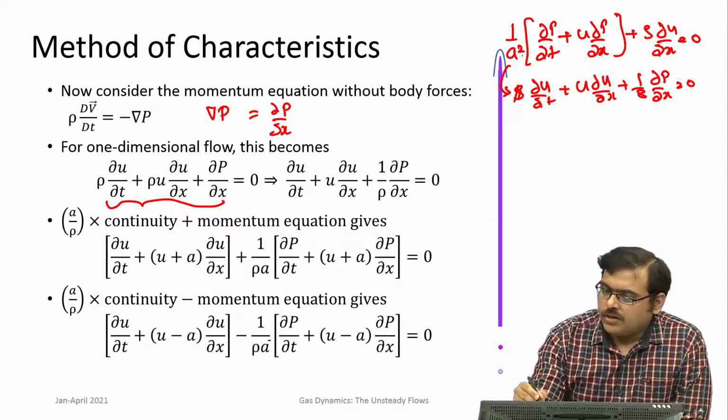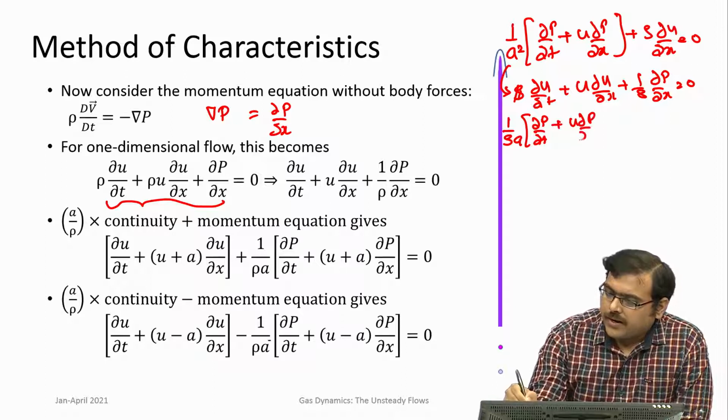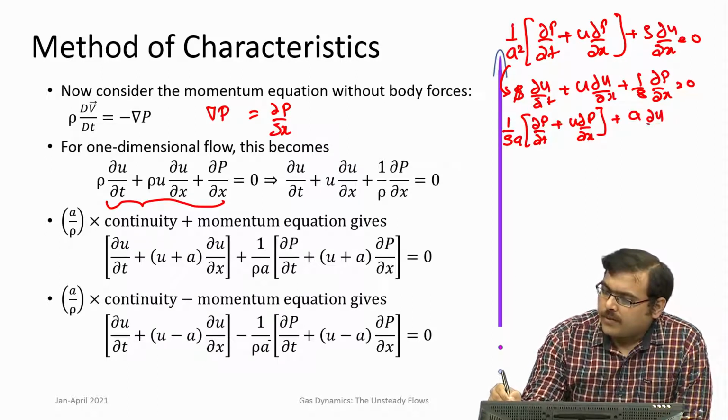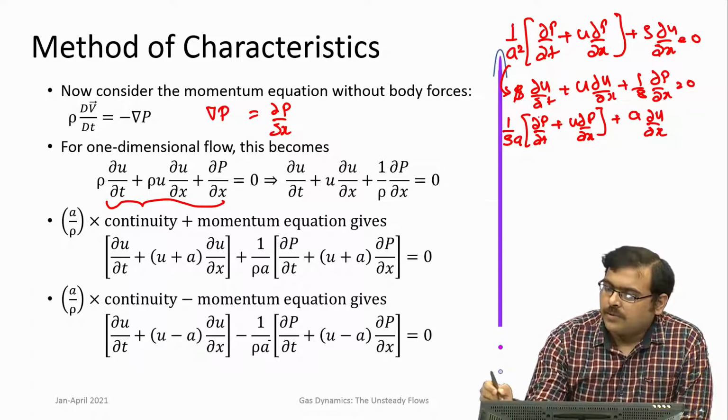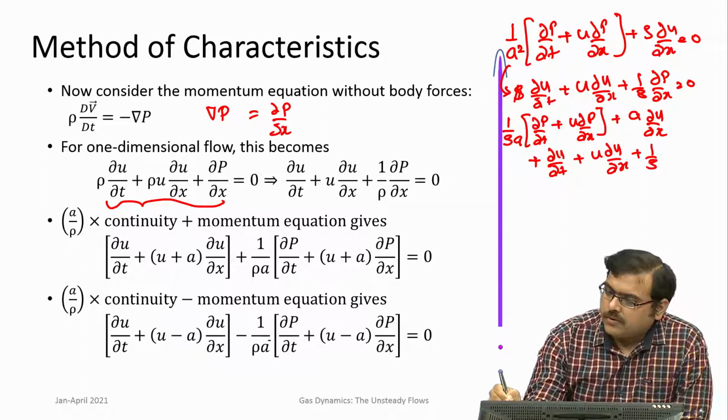So if you do that, you get 1 by rho a, dou p by dou t plus u dou p by dou x, plus a dou u by dou x, and the momentum equation is added to this, so plus dou u by dou t plus u dou u by dou x plus 1 by rho dou p by dou x equal to 0.